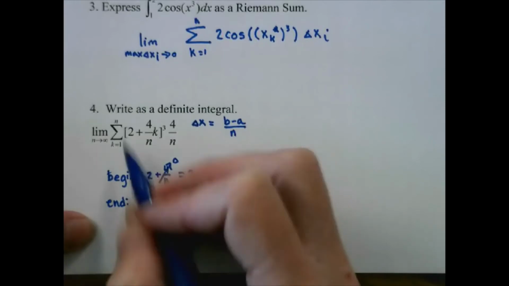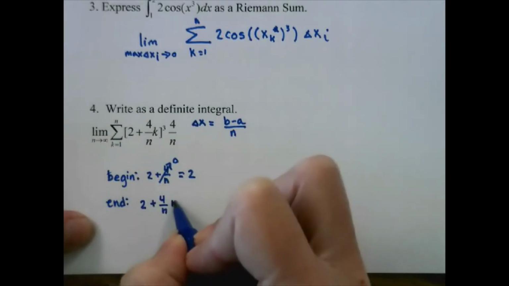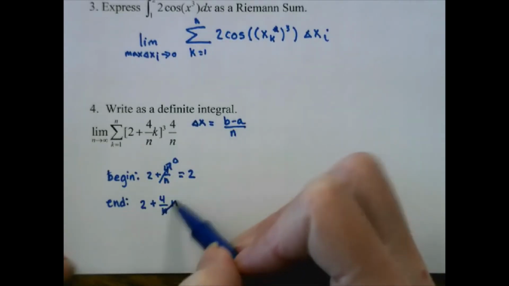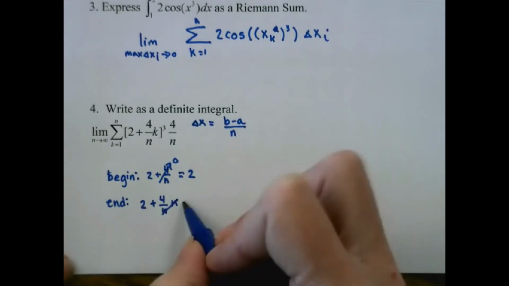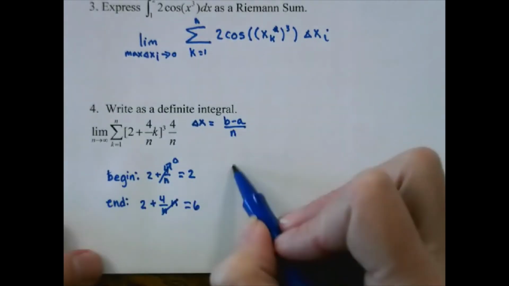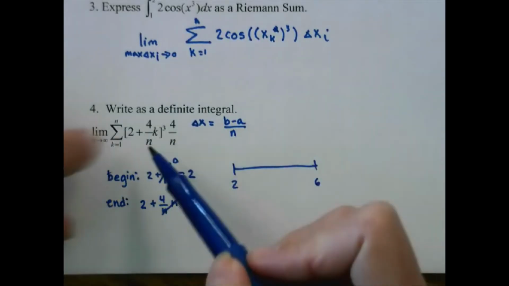The ending, we're ending at n, so that's going to be 2 plus 4 over n times n. The n's are going to cancel, so we're going to have 2 plus 4, which is 6. So we're starting at 2, we're ending at 6.